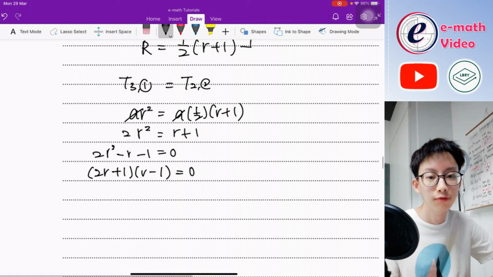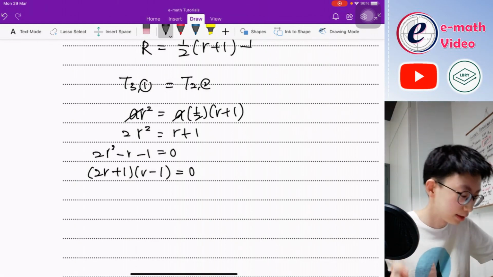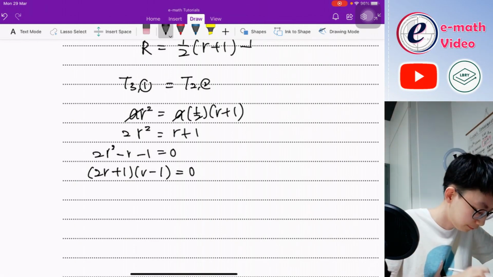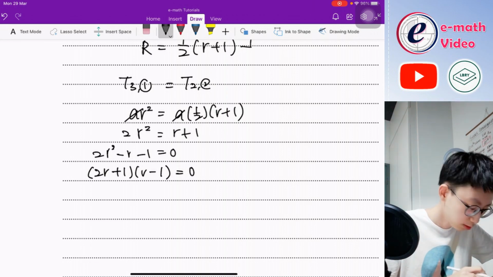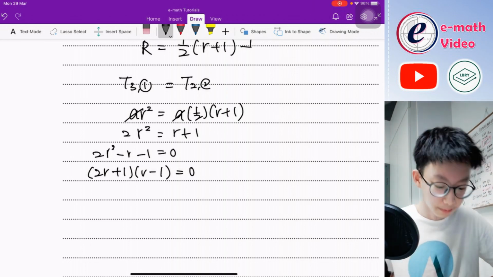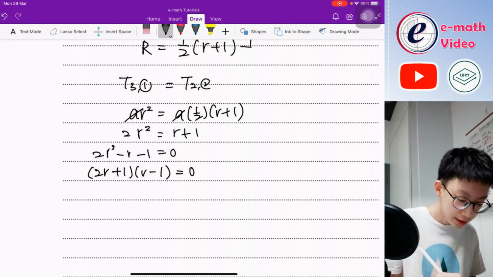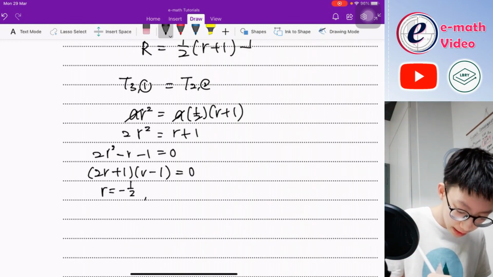You can just go ahead and do the tic-tac-toe method, or you just use a calculator, mode 5, 3. Okay, 2, negative 1. Yep. So your r equals negative half and r equals 1.